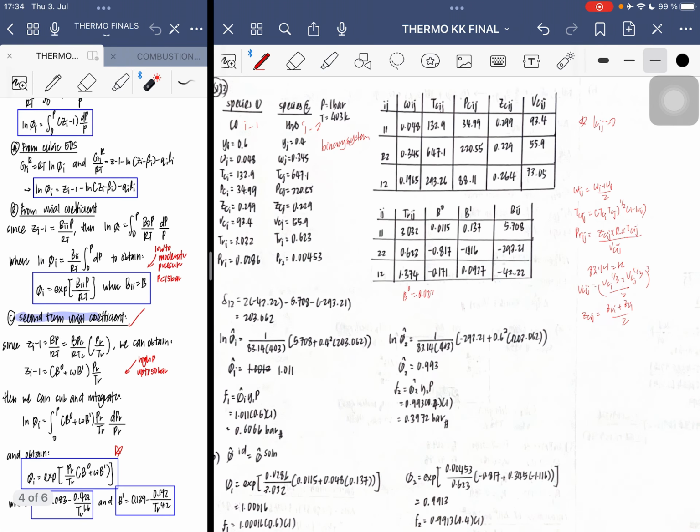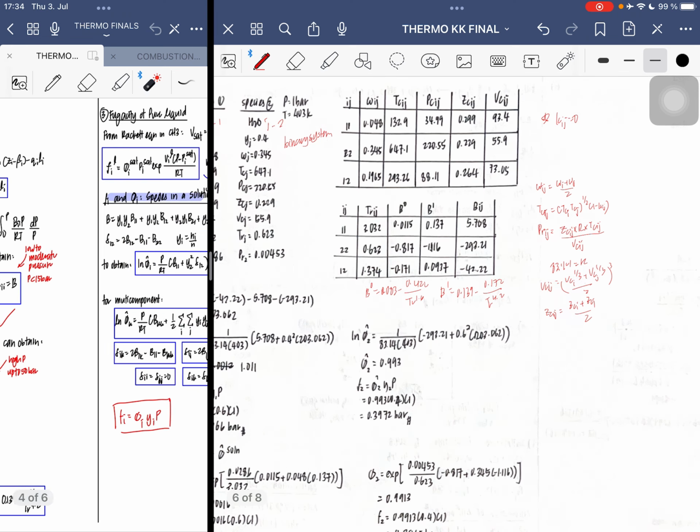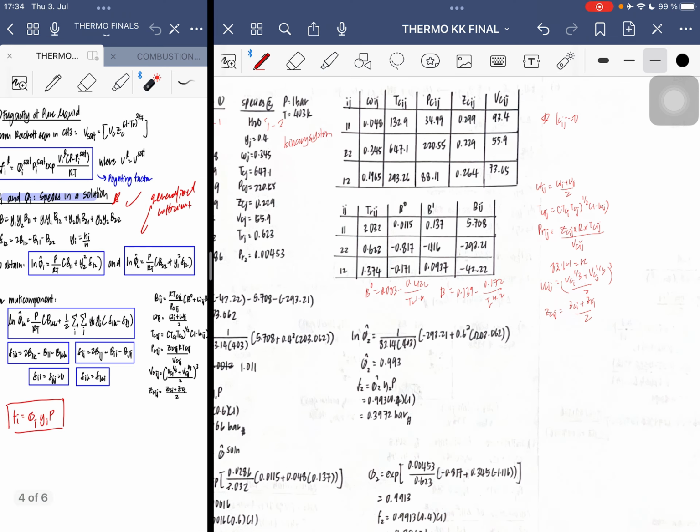B1 is 0.139 minus 0.172 over TR^4.2. And then you find the combined. You can't find a combined B0, so you just sub in this TR when you want to find B0 12 and B1 12.